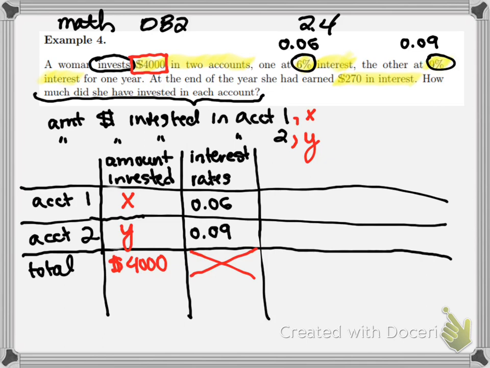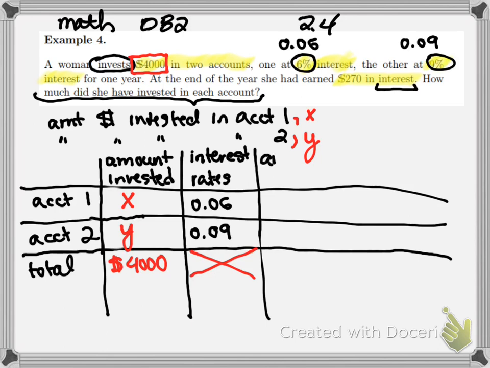All right, so we have the amount of money that we're investing, we have the interest rate on both accounts, and then we have the amount of money in interest. Interest, you can think of it as almost like free money, if you will. It's the extra amount of money that's in your account at the end of the year that wasn't there at the beginning of the year.